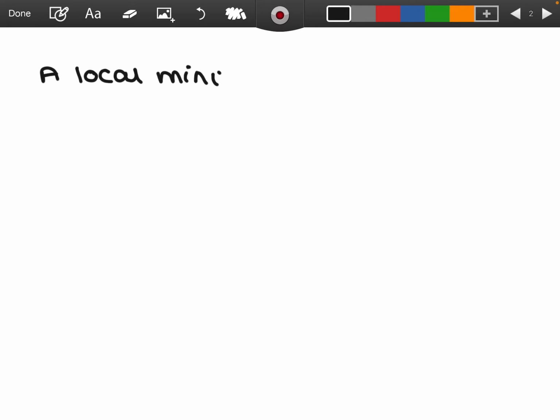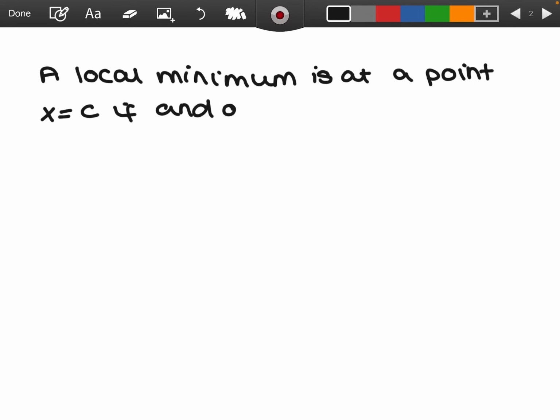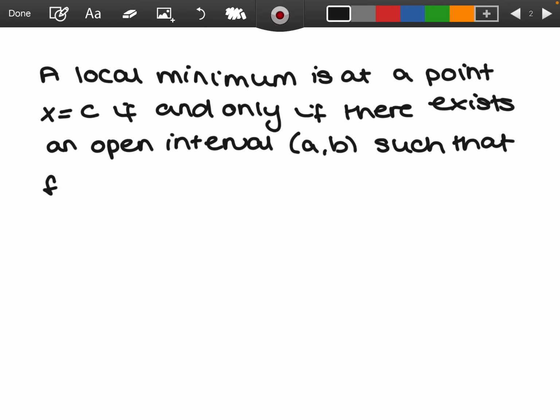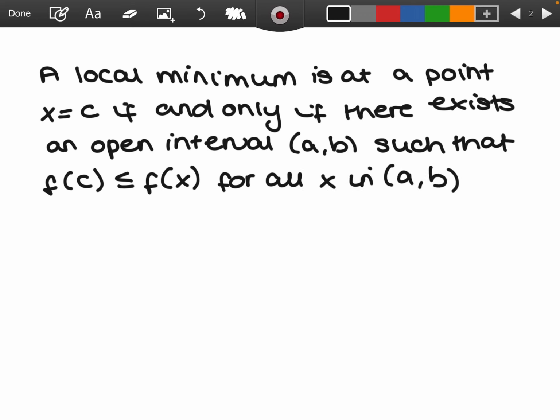So a local minimum is at a point x is equal to c if and only if there exists an open interval (a, b) such that f of c is less than or equal to f of x for all x in (a, b).